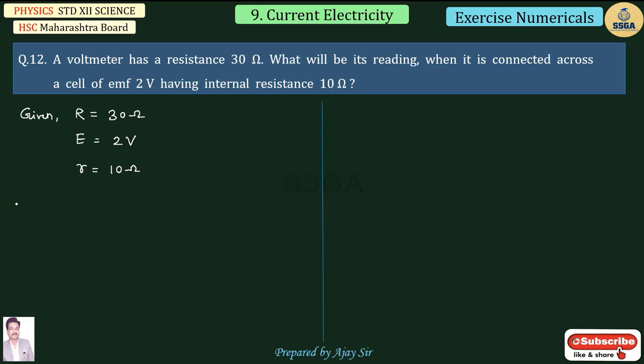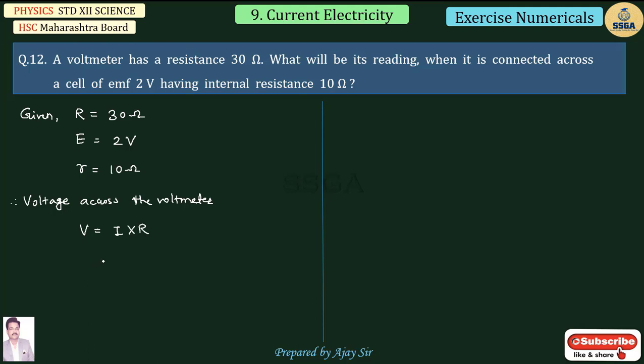Therefore the voltage across the voltmeter, V, is equal to I into R. If I is the current and R is the resistance, then this will be the value.